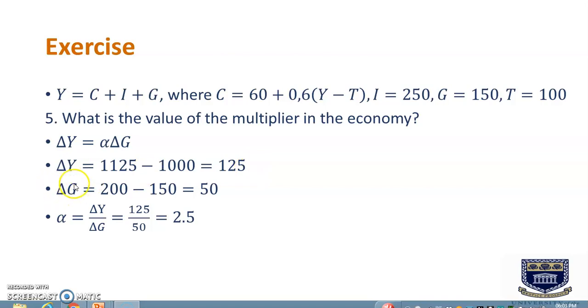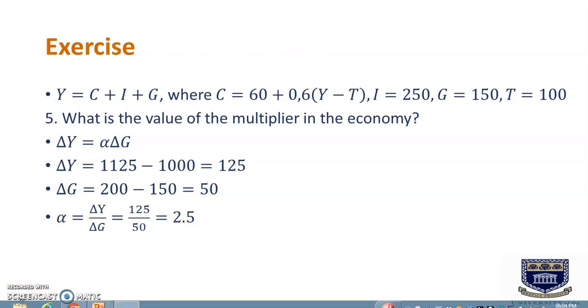Similarly, the change in government spending is going to be equal to the new government spending amount, which was 200, minus the old government spending amount, which is 150, and that gives you 50. So in order to calculate alpha, by rearranging this formula, I have the ratio of my change in income over my change in autonomous government spending. So that is 125 divided by 50, and that is going to be equal to 2.5.